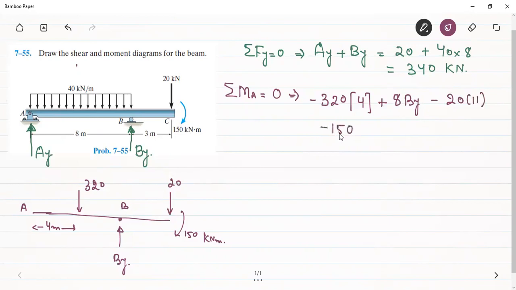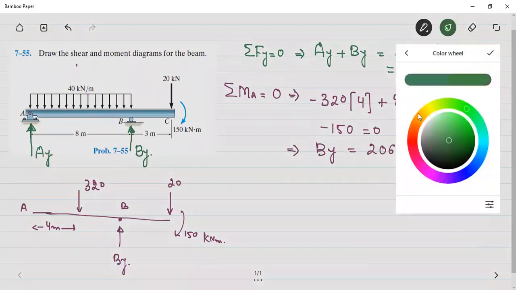So these are all the moments which are acting about point A, that is about the hinge of the beam. So their summation has to be equal to 0. So from here we can get that BY will be equal to 206.25 kilonewtons.